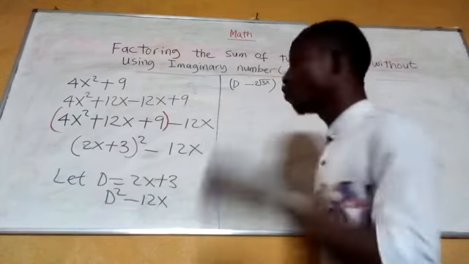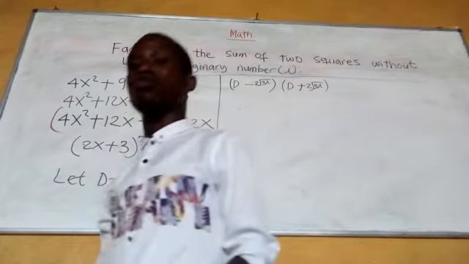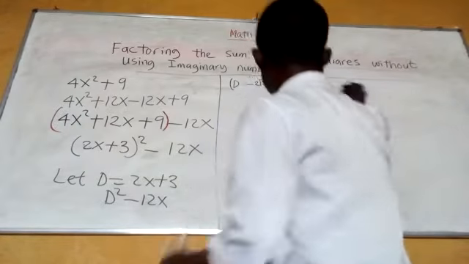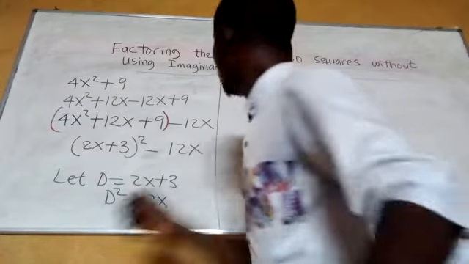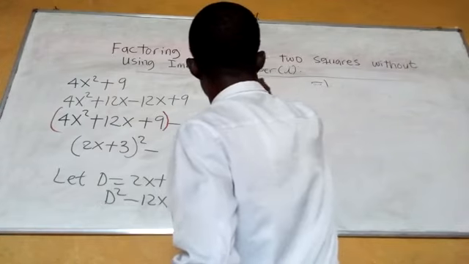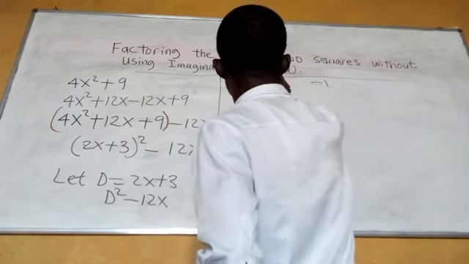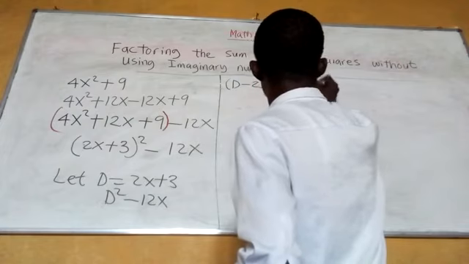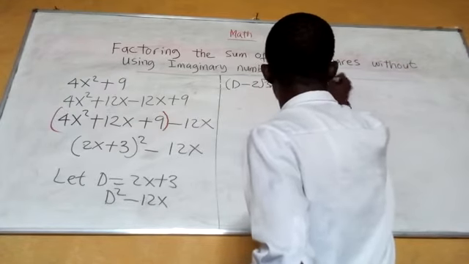So x will remain in the root here because x is not a perfect square also. So here we have factorized. So let's write this clearly. Here we have D minus 2 root 3x, and we have D plus 2 root 3x.